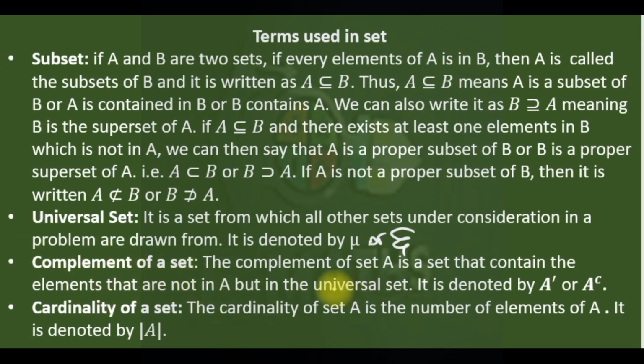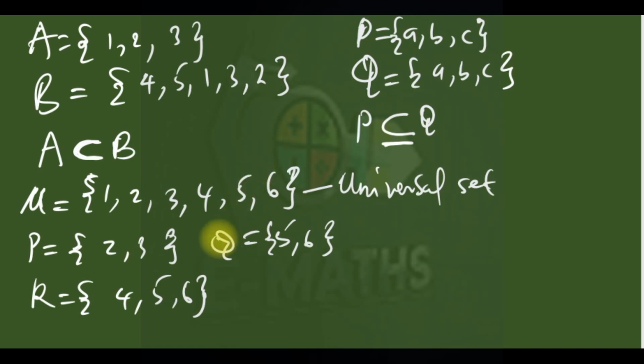Now, the complement of a set. The complement of set A is a set that contains the elements that are not in A but in the universal set. It is denoted by A prime or A raised to power C. Looking at our universal set, P has elements 2, 3.